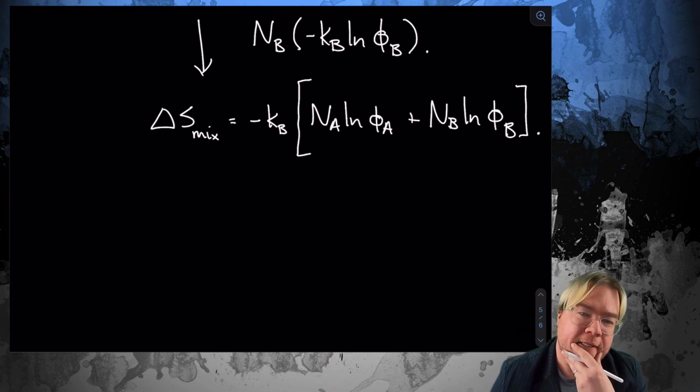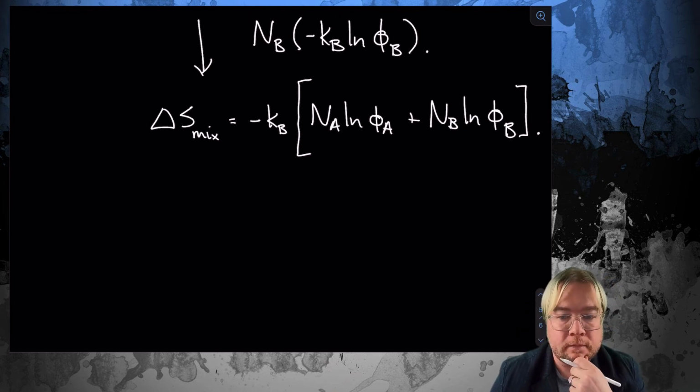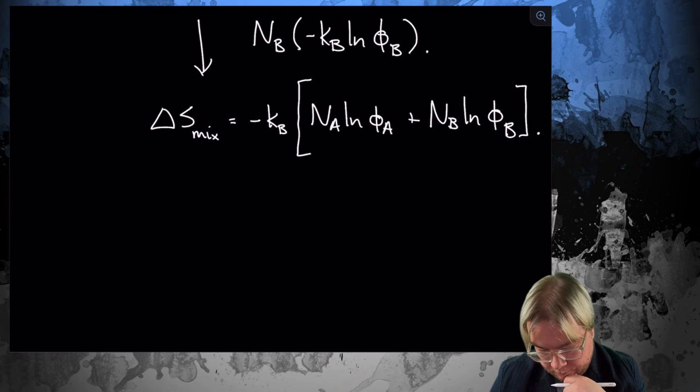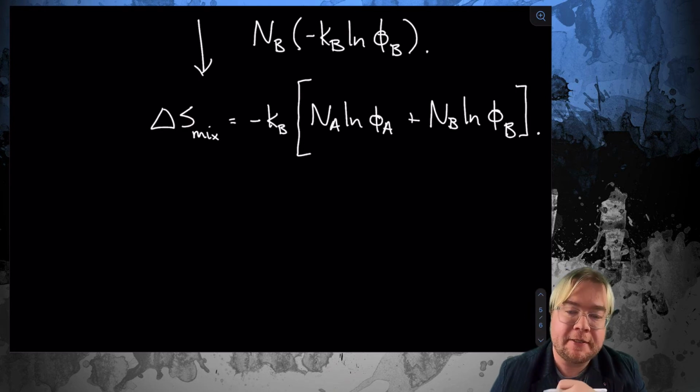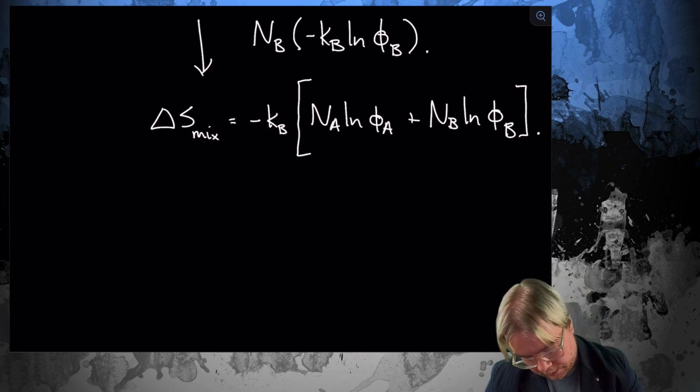Can I simplify this a little bit? Sure. But I can do more than that. I can also get the free energy from this. So let's get the free energy first and then see if we can simplify this expression a little bit to get something that we like. Maybe that's a little bit more useful to us.